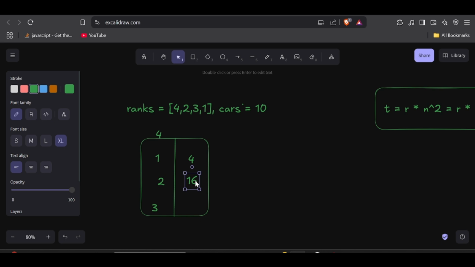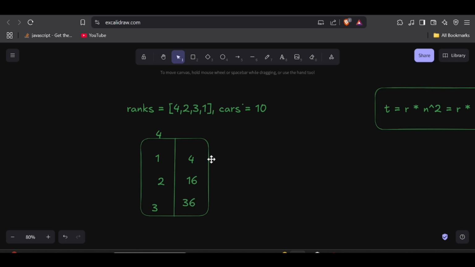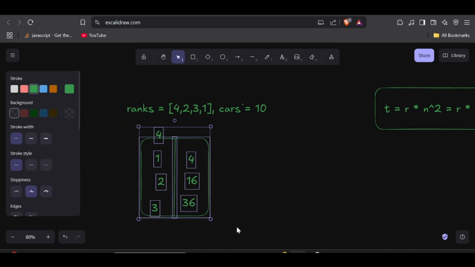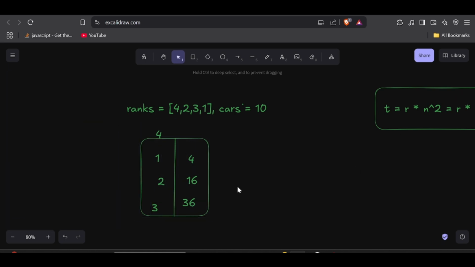How much time will it take? R, that is 4, into 3 cars into 3. 3 into 3 is 9, 9 into 4 is 36. So 36 minutes it will take to repair 3 cars. So that's how this formula works. It is just showing the time taken by a mechanic of rank R to repair n number of cars.